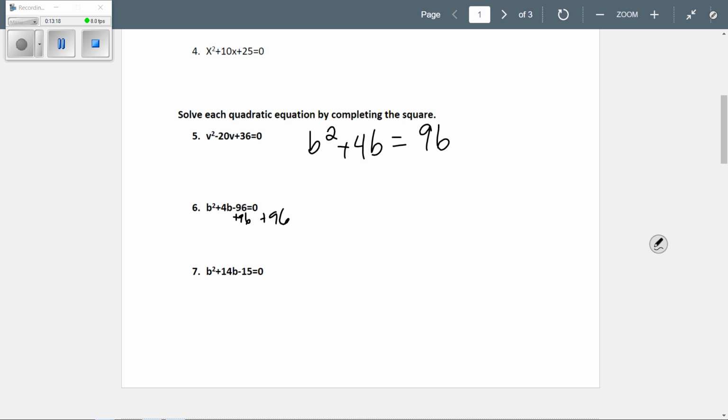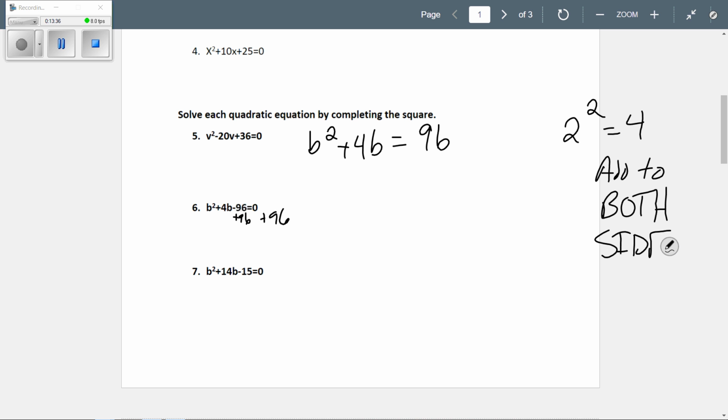Take half of b, b is 4, so 2, square it, we get 4, and then we add it to both sides. Okay, so b squared plus 4b plus 4 equals 96 plus 4 is 100.